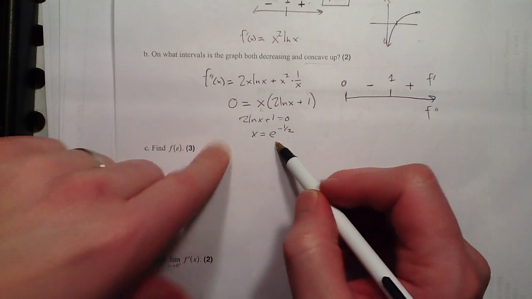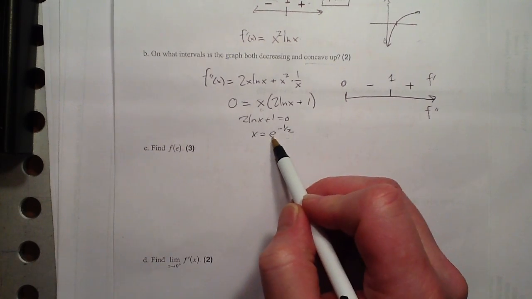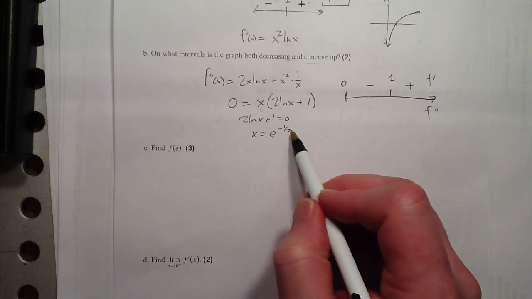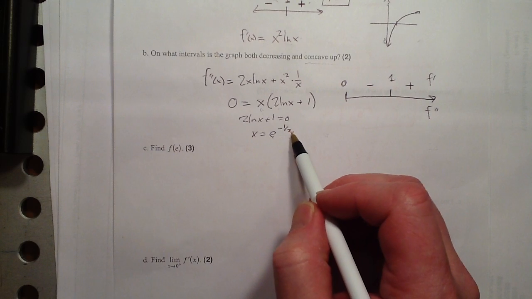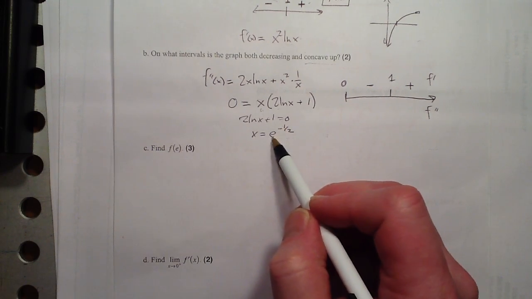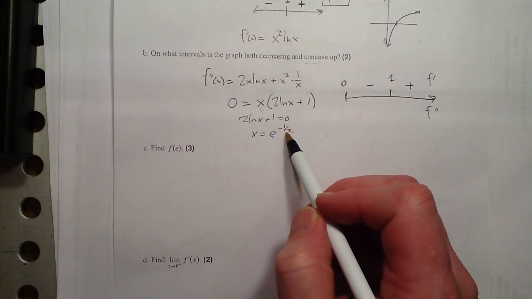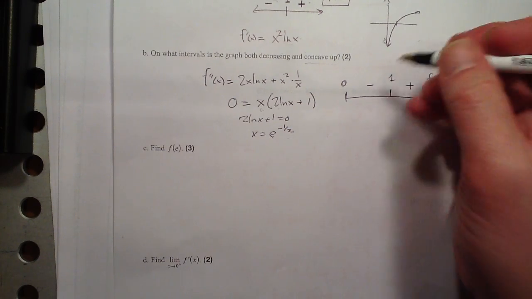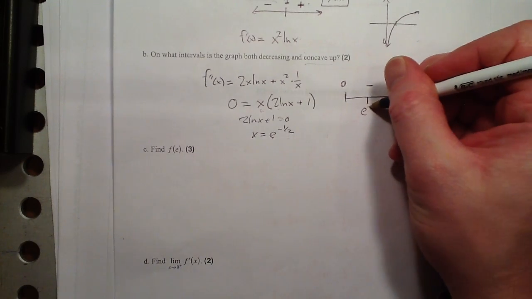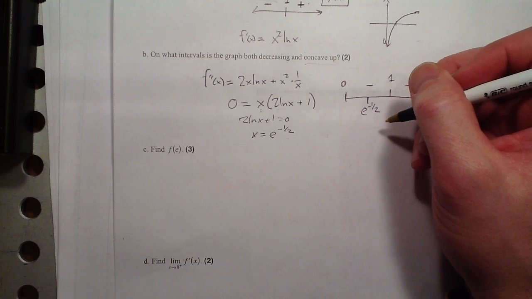And thinking about that a little bit, e is kind of close to 3. So the square root of 3 is about 1.7 or something. Then the negative would flip it over, so that's going to be like 1 over 1.7, or 1/2-ish. So it's down here anyway, e to the negative 1/2.